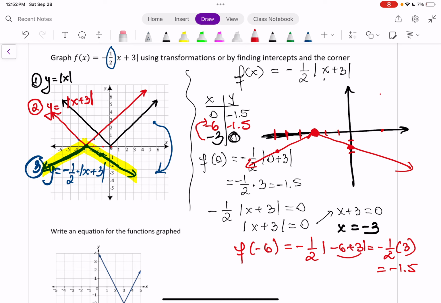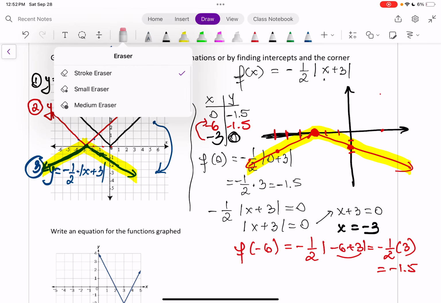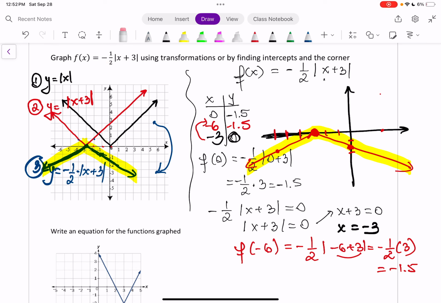And again, this is a lot better because you keep the shape, you keep the corner, and you see where it's moving. A lot faster would actually be to know the transformations and use them for this specific function. There you go.